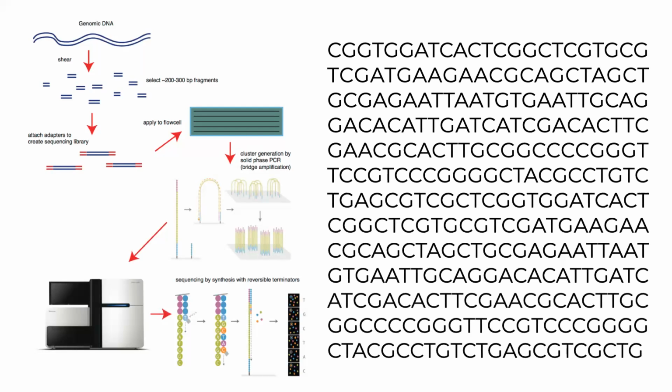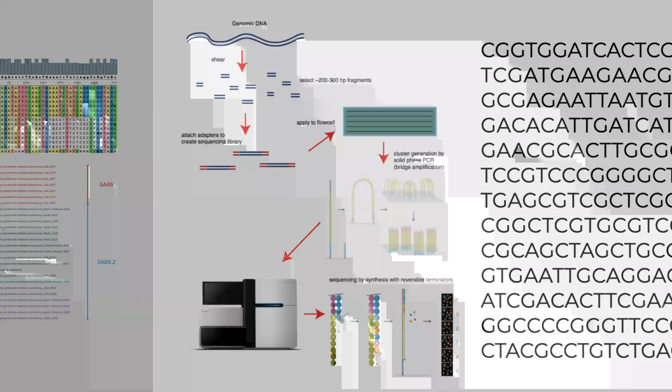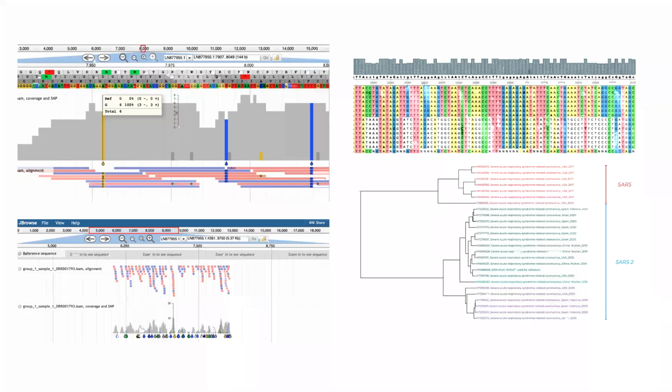Okay, so what can we do with this type of information? So once we have those reads, what can we do with those reads? One of the major objectives of different types of analyses is to identify variation. So if we want to think about identifying variation, we obviously have to know where these short sequences come from.